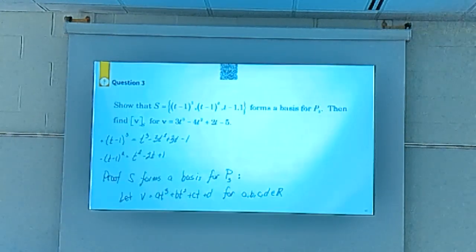Remember that? a t cubed plus b t squared plus c t plus d. a, b, c, and d are just real numbers. And that's just a standard polynomial of degree 3 or less. If I want it to be degree 3, I have to restrict a to be non-zero.